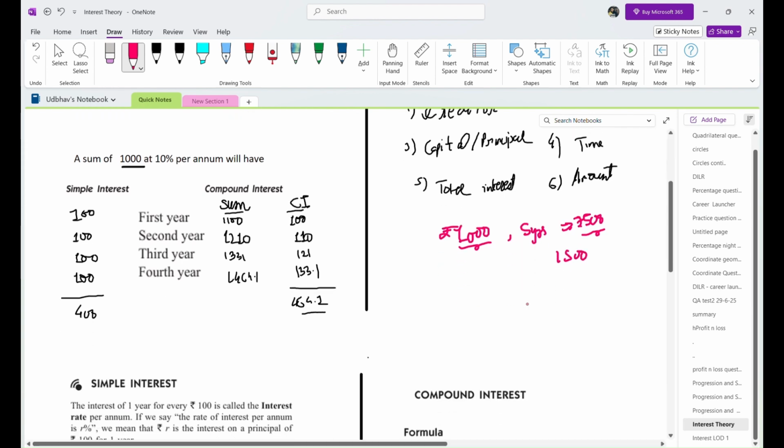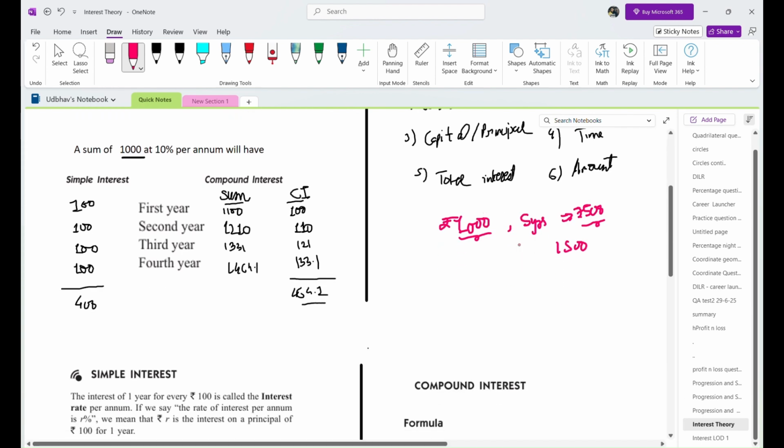Now let's say you invested 1000 rupees for 5 years, but you are seeing that after 2 years you are getting 200 rupees. So what will be the amount here? We can calculate the amount at any period of time, at any end of time. It does not specifically have to be at the end of the interest period.